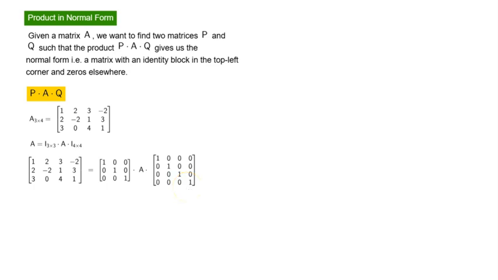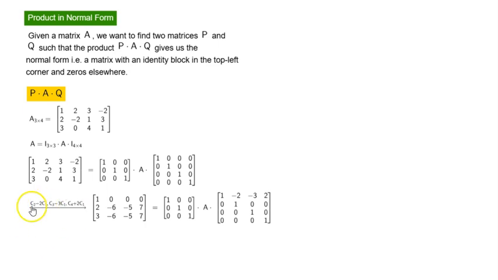Now we start carrying out the elementary operations. Whenever we apply a column operation, we apply it to the left-hand side matrix, and on the right-hand side, we apply it to the matrix on the right of A. So C2 minus 2C1, then we apply C3 minus 3C1, and then we apply C4 plus 2C1.